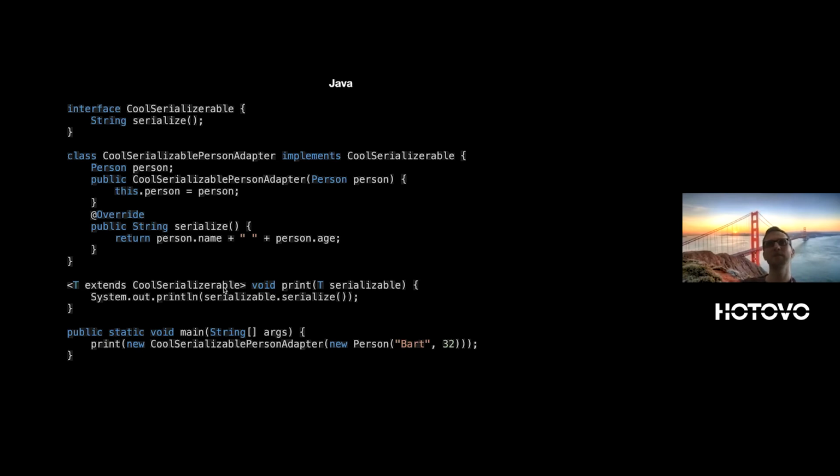If you're asking why we just can't use the Serializable interface here directly, which would be an identical thing in that example, using type bounds in Java is a bit more flexible, as I can use intersection types here.